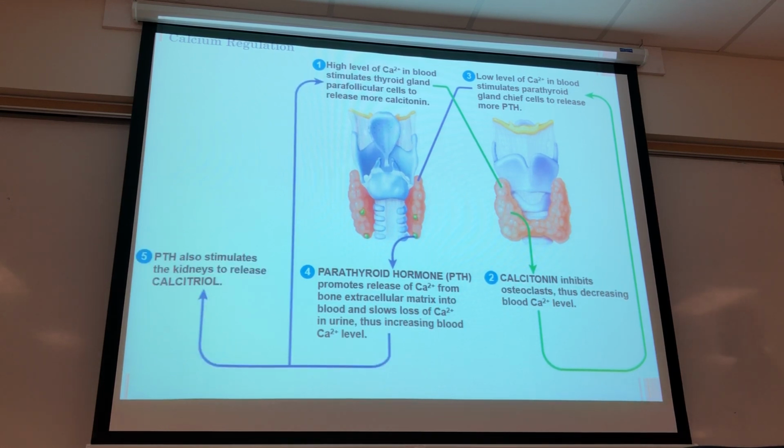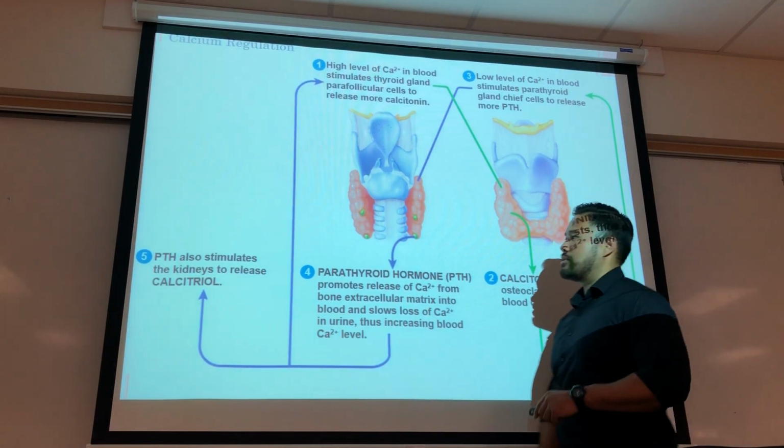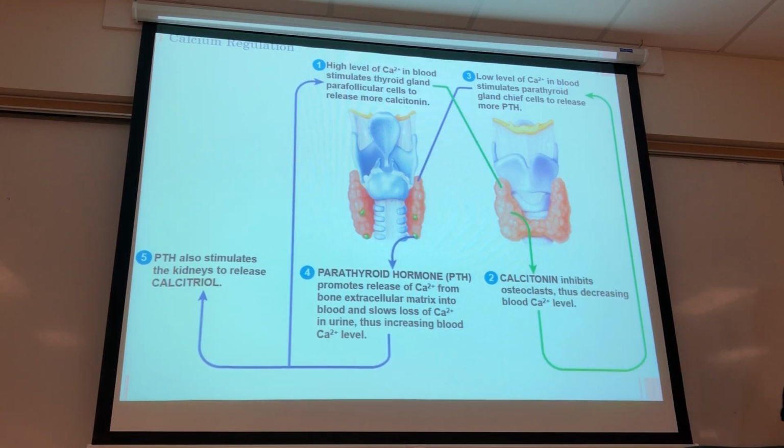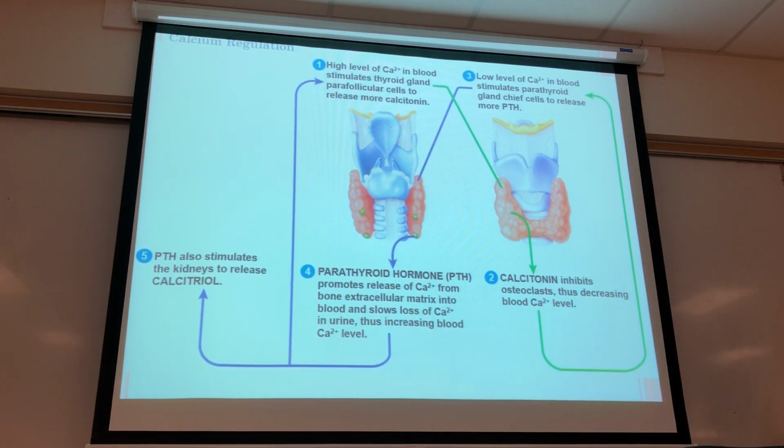The one thing I also want to bring up is the effect of calcitriol. So another thing gets involved as well. With PTH, when we need to raise calcium levels, the kidneys will secrete another hormone called calcitriol. What exactly is calcitriol? Calcitriol is an active form of vitamin D. Why is that important?